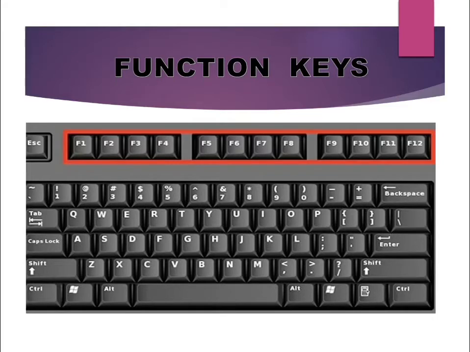By pressing the F5 key on the desktop, you can refresh. The same F5 key can be used to see a slideshow in PowerPoint, whereas you may use this F5 key to save a particular game inside a game. So every function key has an assigned function which even differs from software to software.